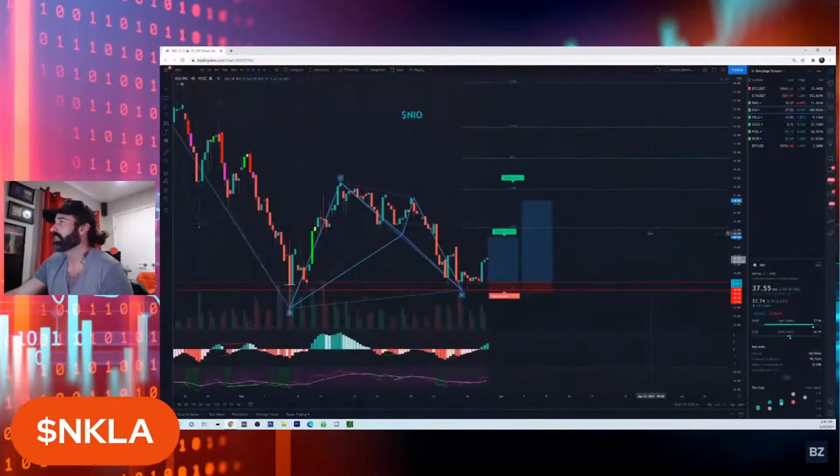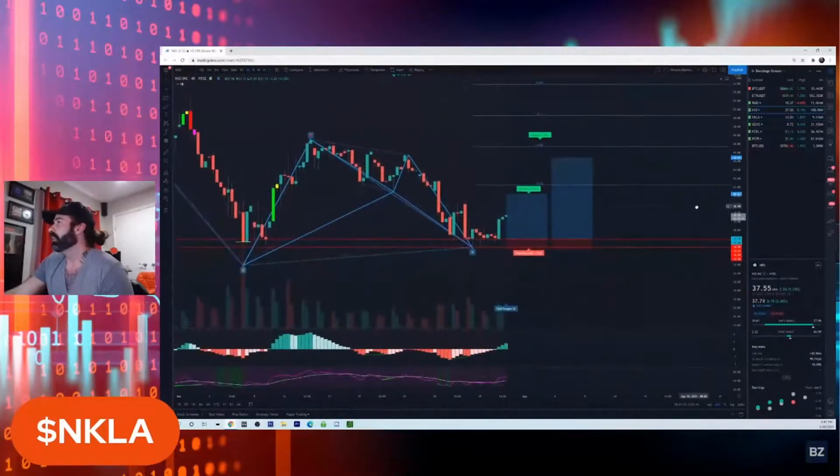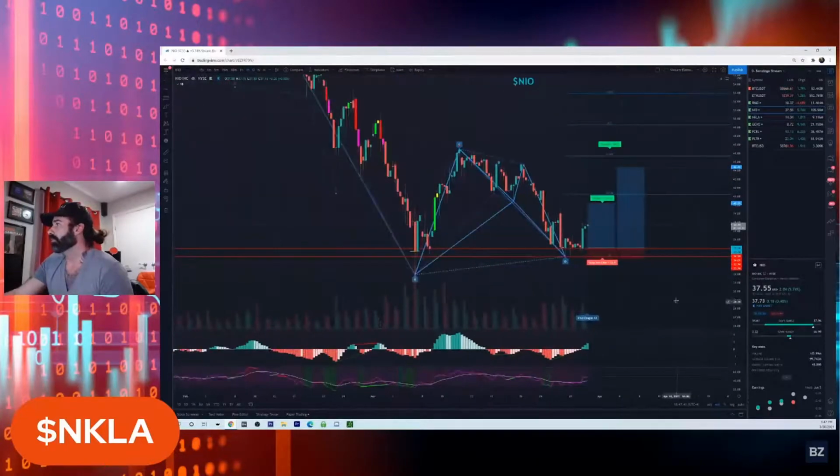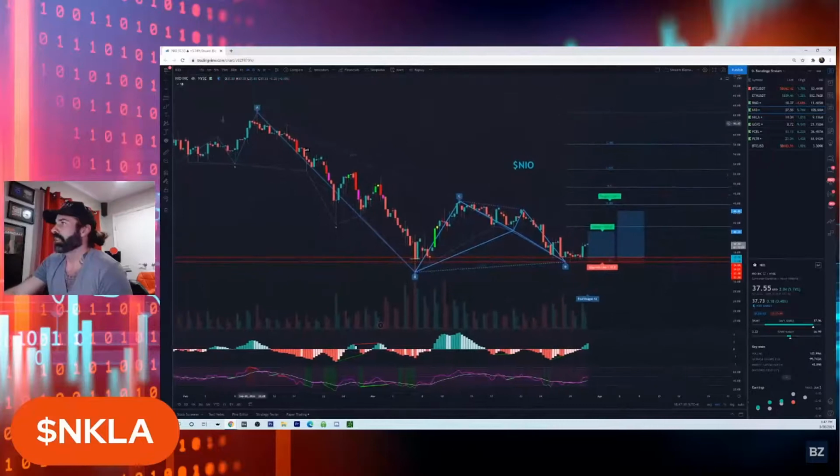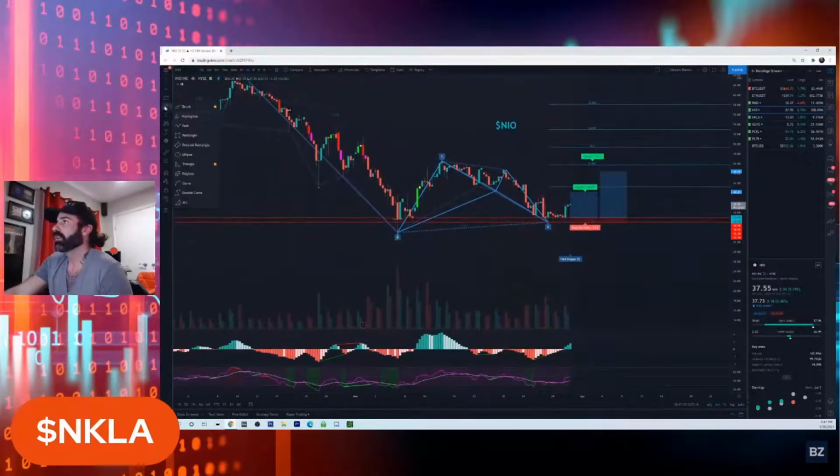Another one I'm looking at, Neo. This is another one that's got, this is a dragon formation. You've got this initial rundown. I'll try to go over this while I'm doing it. You got this low right here.